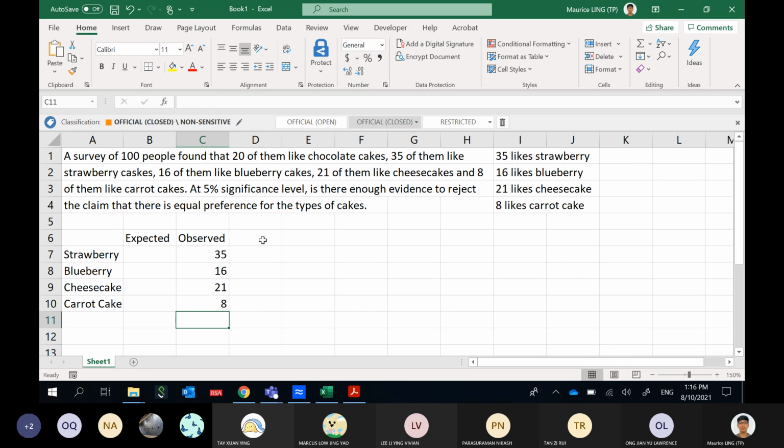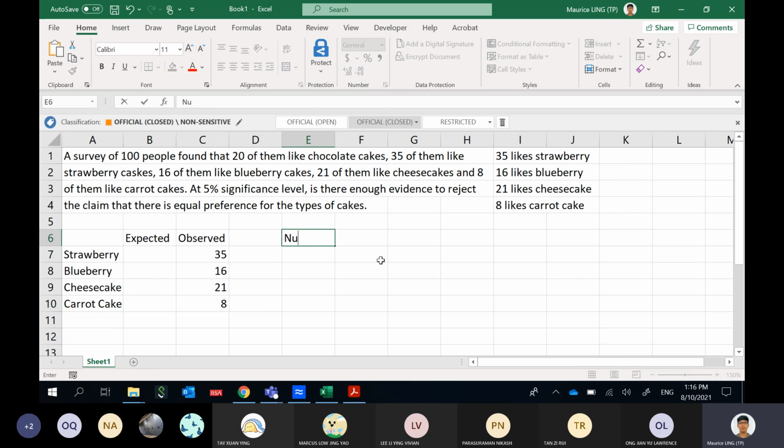Okay. All right. So next step is, what is the observed numbers that we're going to put there? What is the observed values that we're going to put? Think about it.